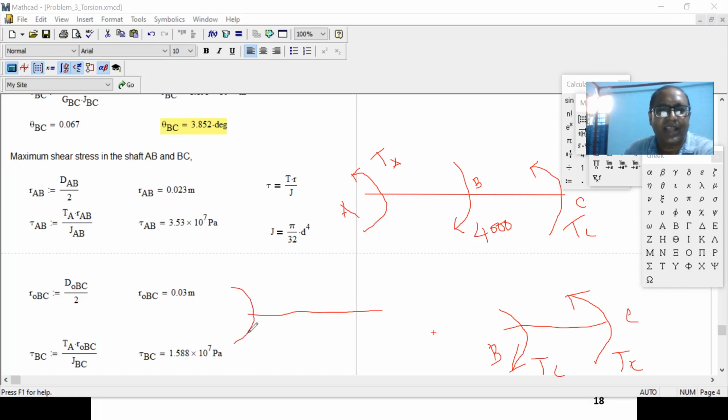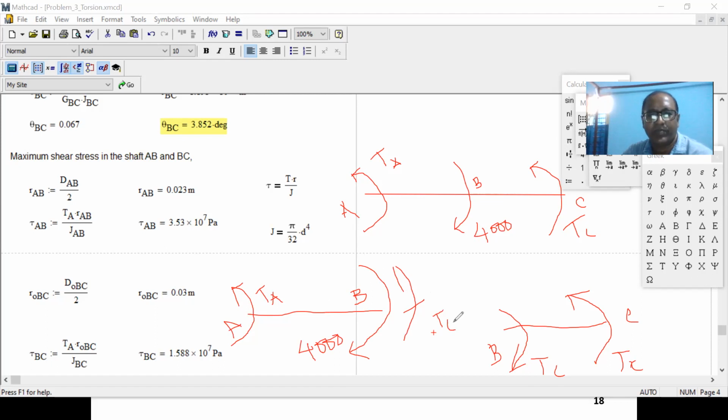Now we come to the TA. So TA, left side is working. This is TA. This is point A. And at point B, I have this 4,000 clockwise, right? This is 4,000. So now this is not balanced, because if you close this TC in the middle, there is no TC. You need to take it out. So this is rotating which direction? Clockwise, right? So over here, this will be anti-clockwise TC.